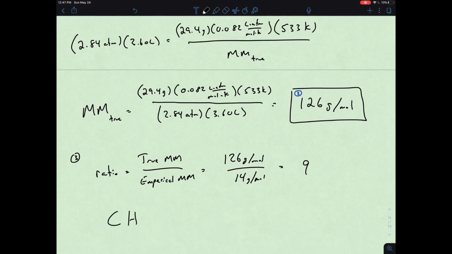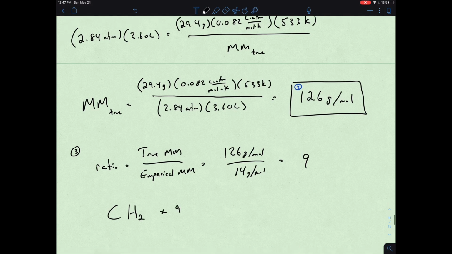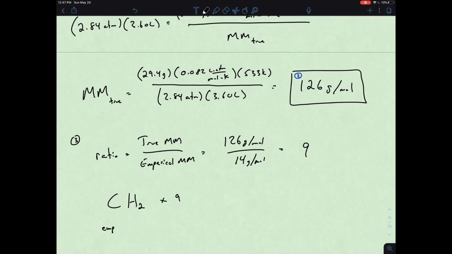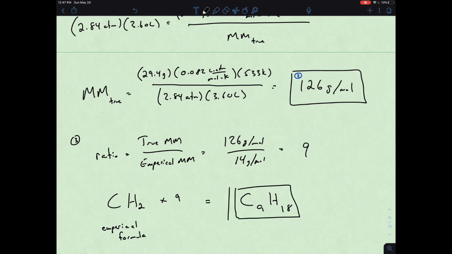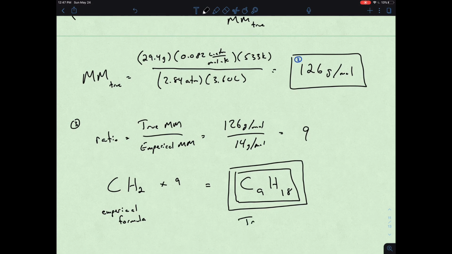So we had CH2 as our empirical formula. We're now multiplying through that formula by 9, and we end up with C9H18, and that is our final answer. That is the true formula.